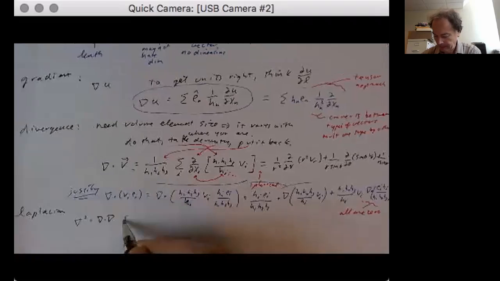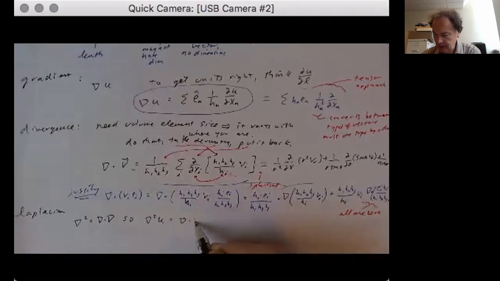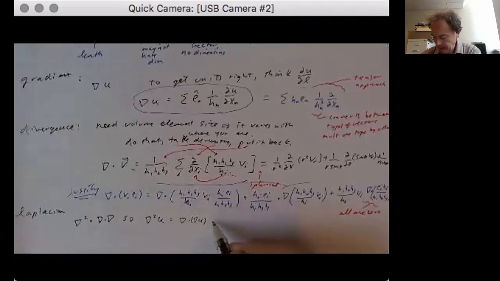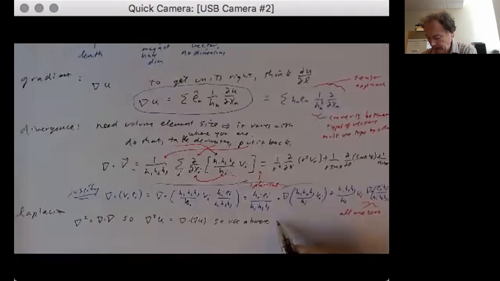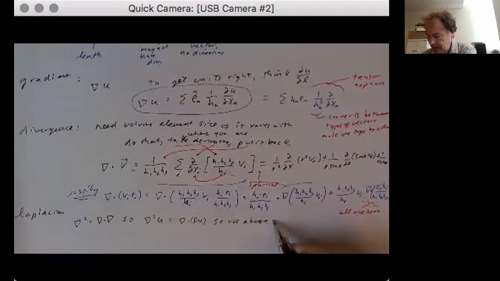So del squared u is equal to del dot gradient of u, where v sub i is 1 over h sub i partial u partial x sub i.